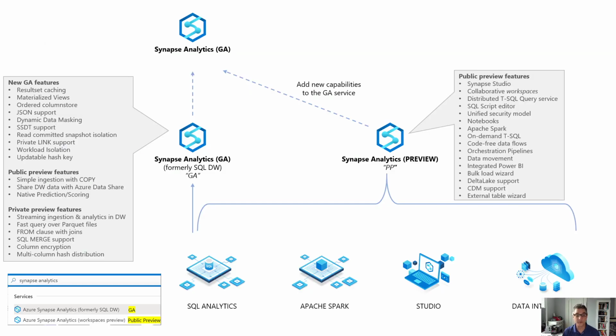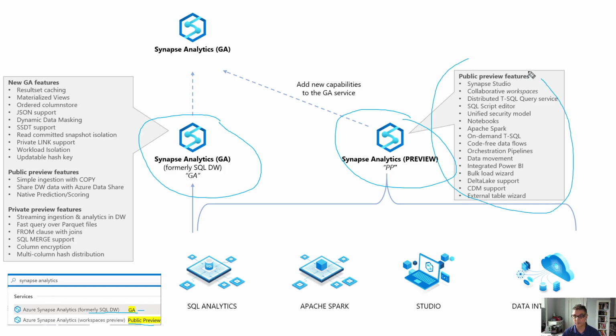To clear up a little bit of the confusion, the product right now under GA was previously called SQL Data Warehouse. So with this product, you can go into the Azure portal, and if you type in Synapse Analytics, you'll see this product, and that's the GA version. And public preview is another version of that product that gives you a bunch of additional features.